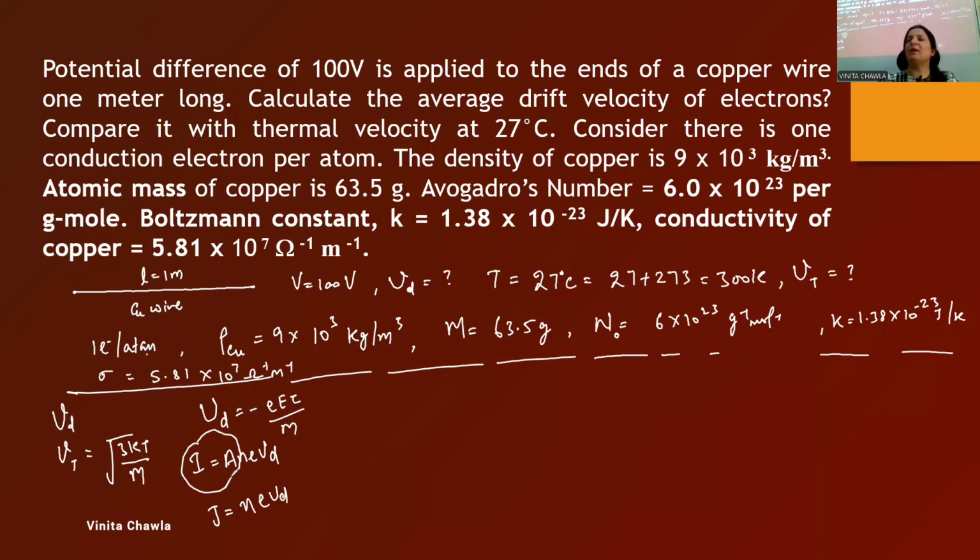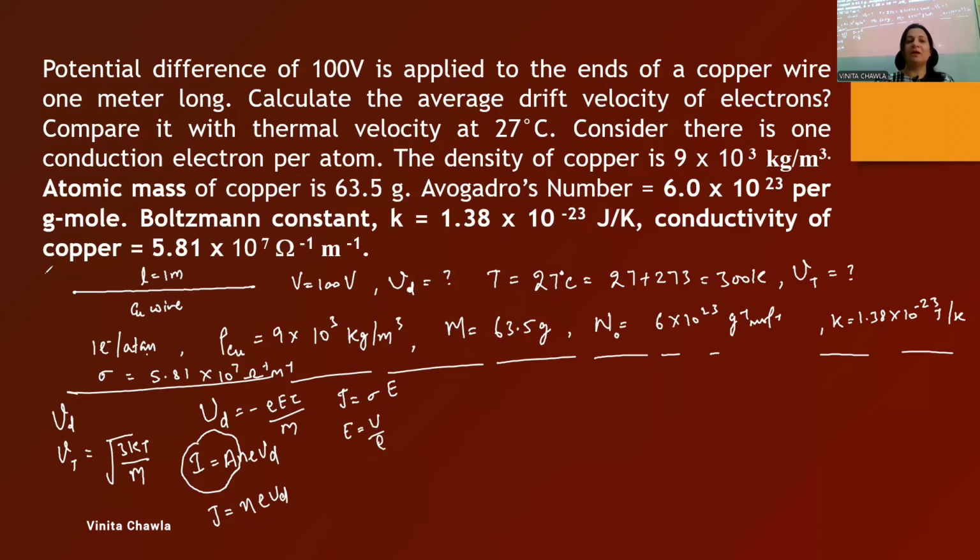And how are J, sigma and E related? J is equal to sigma E. How are E, V and L related? E is equal to V by L. We know the length of the wire and voltage, right? So E is equal to V by L. Sigma is given, V and L are given.